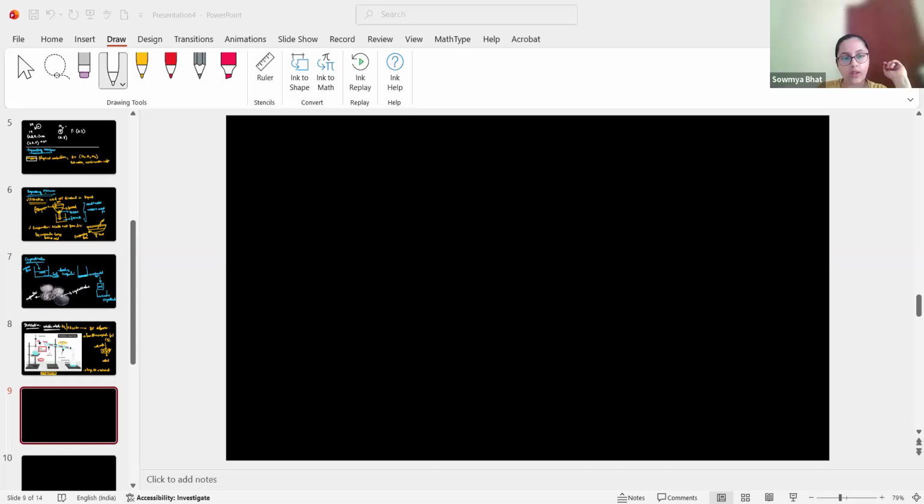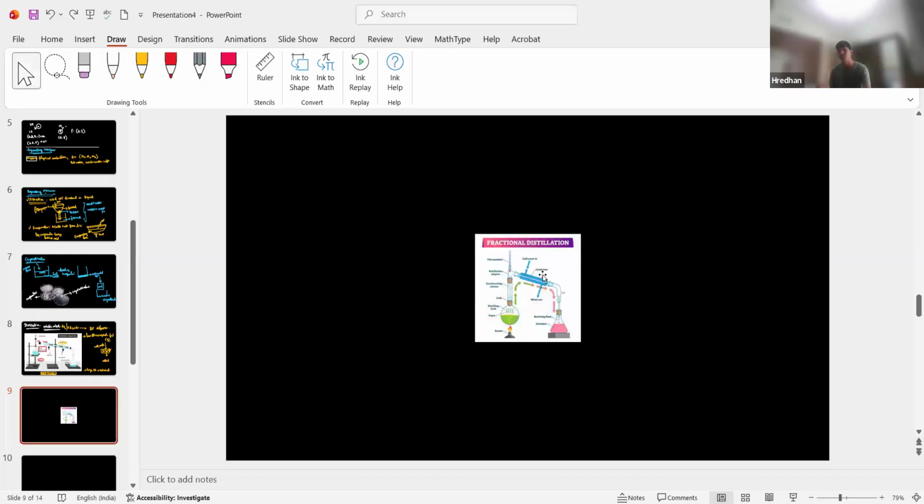Okay, I'm pasting another image. I don't see anything yet. No, I have not pasted. I'm searching for a proper diagram. Okay. No, you found it.